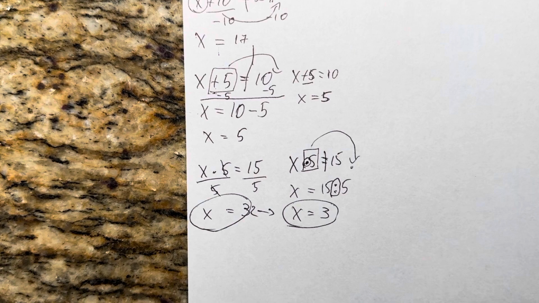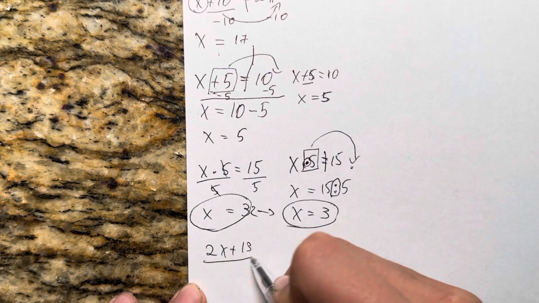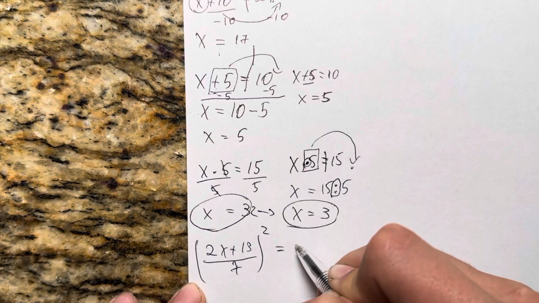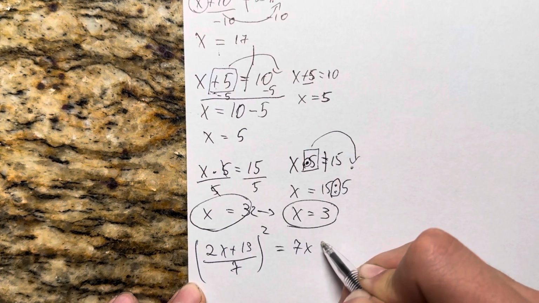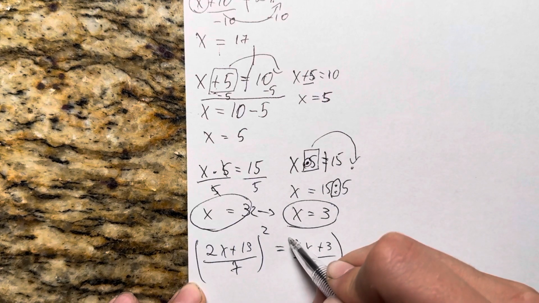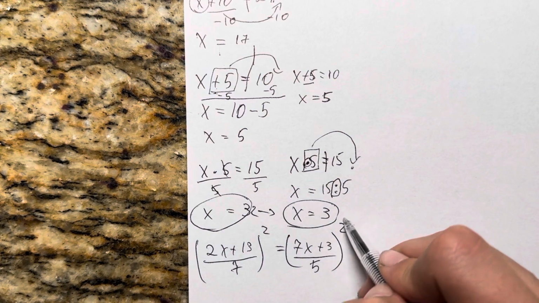If you have a multi-step equation, like 12x plus 13 divided by 7 to the square root equals 7x plus 3 divided by 5 square root, you'll be able to skip some steps with that. This is just an example.